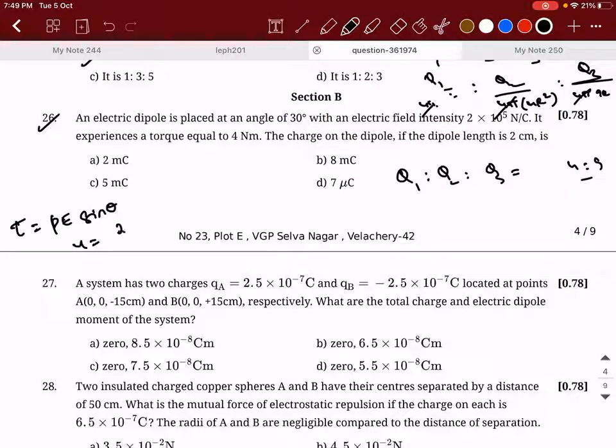P is how much? 2Q, or I can write it as Q into the distance of separation, that is 2 into 10 power minus 2, into electric field 2 into 10 power 5, sin theta is half. Half and half are gone. 2 and 2 are gone. So Q will be equal to 2 into 10 power minus 3, that is 2 millicoulomb. How many of you got this?